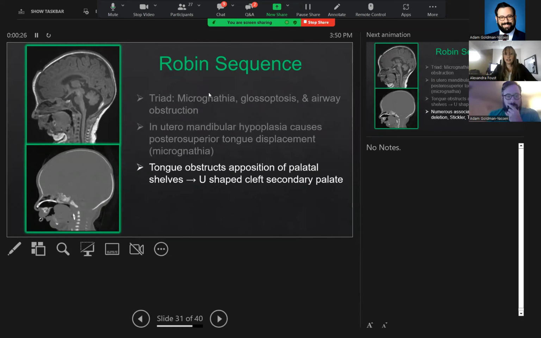And so you've got the micrognathia, which causes the glossoptosis, and together they result in airway obstruction, which is the third piece of Robin sequence. Technically, clefting is not part of the sequence, but because the two happen together, you generally do get a U-shaped cleft of the secondary palate. But if you really want to be textbook for the definition, you don't have to have a cleft, and you can have Robin and still have an intact palate.